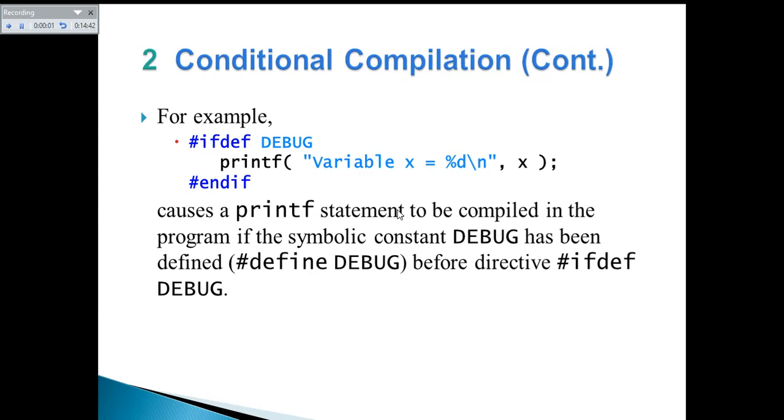For example, #ifdef DEBUG, printf("Variable x = %d\n", x), #endif. If you are not going to debug, then you can avoid using this printf statement. The explanation is this: it causes a printf statement to be compiled in the program if the symbolic constant DEBUG has been defined.